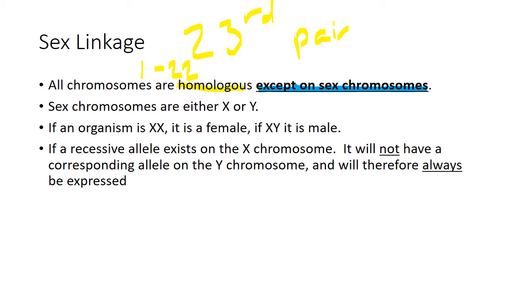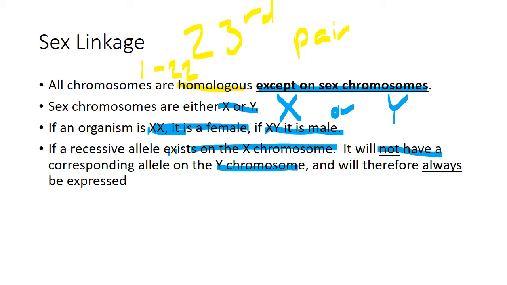The reason for that is we get an X or a Y. If an organism is XX, it's female, so all the females are XX and all the males are XY. Now, if a recessive allele, like colorblindness, exists on the X chromosome, it will not have a corresponding allele on the Y. So it is always expressed.